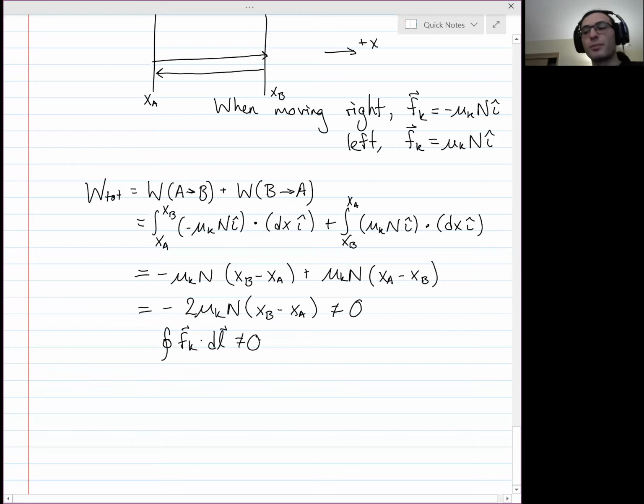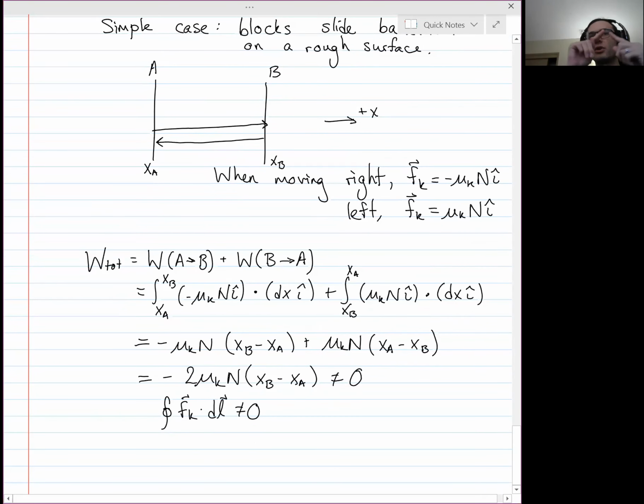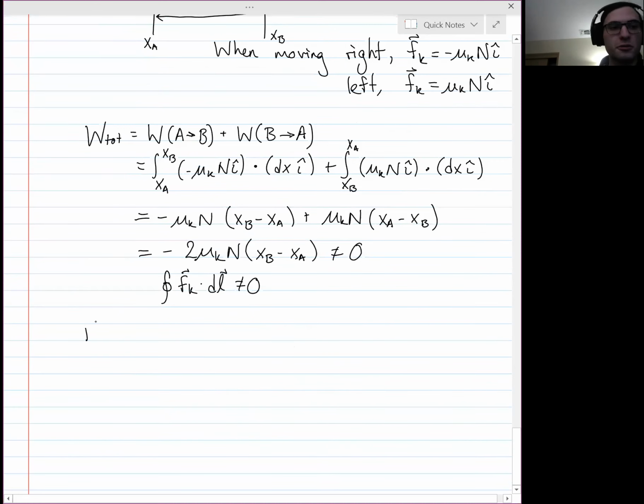And so this is an example of a non-conservative force, i.e. we found a force that even if you end back where you started, there's still work being done. So in cases where you have non-conservative forces, the path matters.